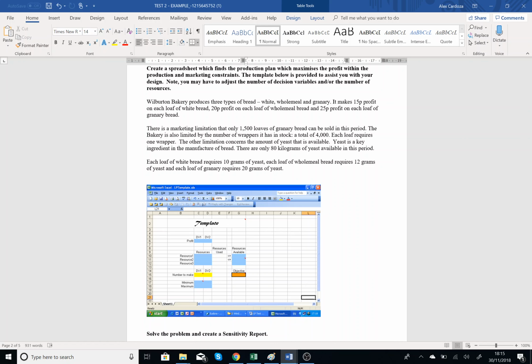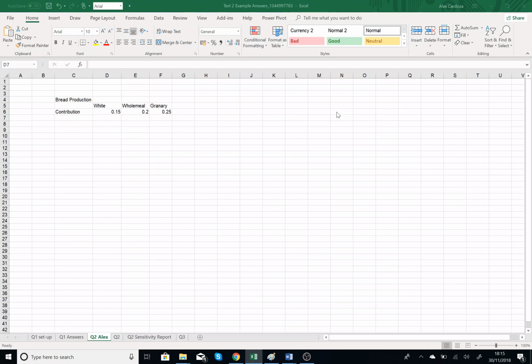Each loaf requires, so we've got wrappers here. Wrappers used, yeast used. This is production per unit.